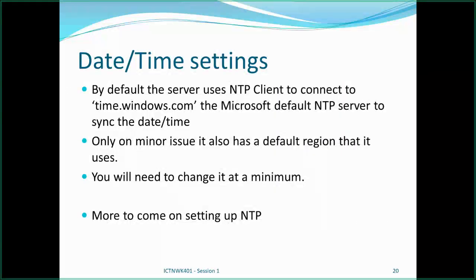Date and time settings. When you set up the server, it is a workgroup server and it is set up to use an NTP client by default, and it will sync to time.windows.com, which is the default Microsoft NTP server, and it will come up with a date and time.